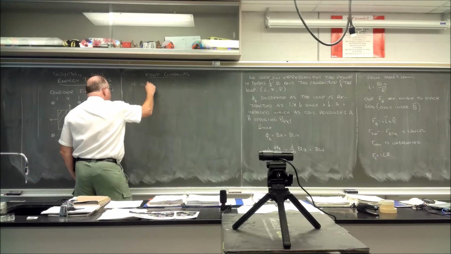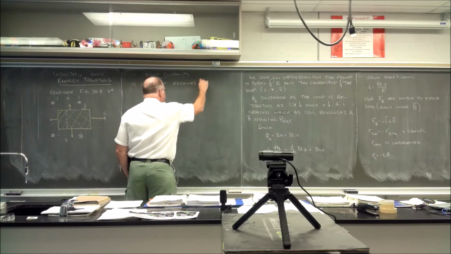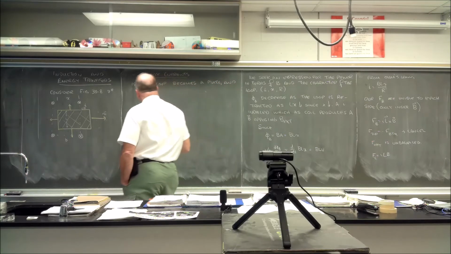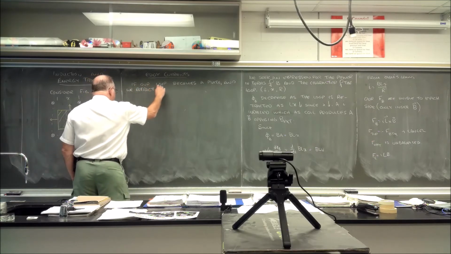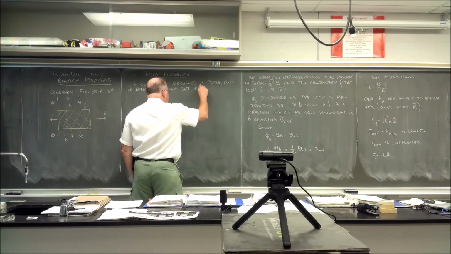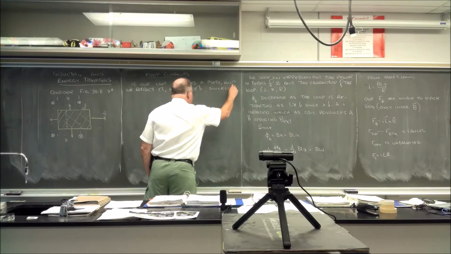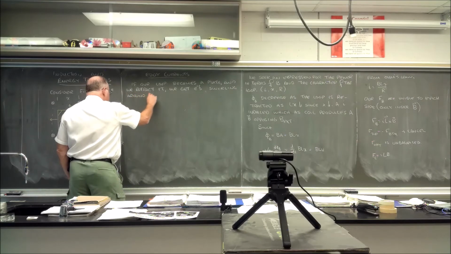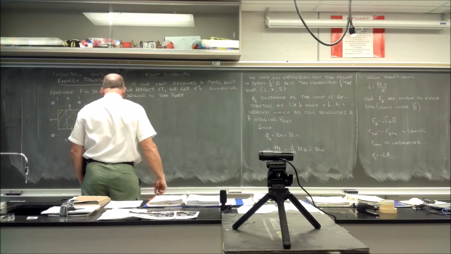If our loop becomes a plate, and we retract it, we get electrons swirling around in the plate due to the magnetic field.